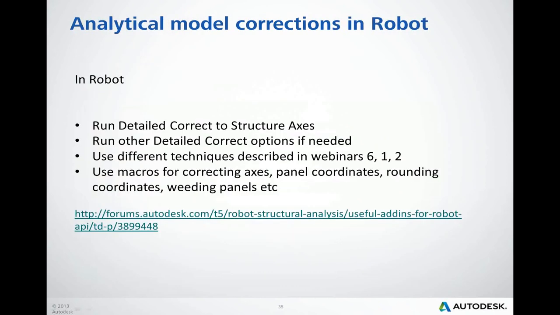The analytical model can also be corrected after importing in Robot. It's much easier sometimes, especially for an experienced Robot user. In order to correct a model having some inaccuracies, we recommend to first run the detailed correction option, selecting the structure axis option in the detailed correction window.